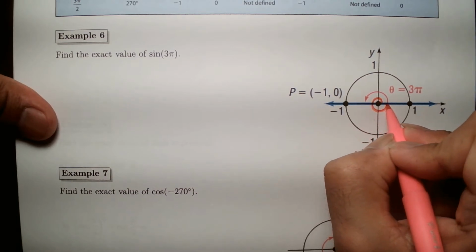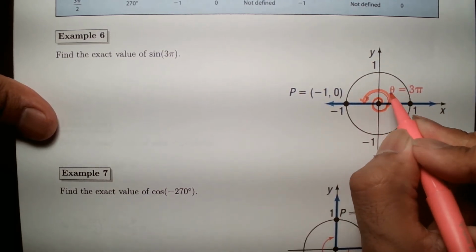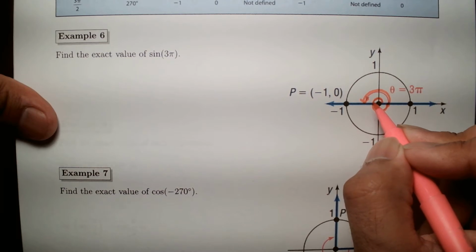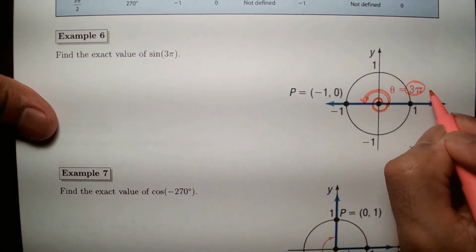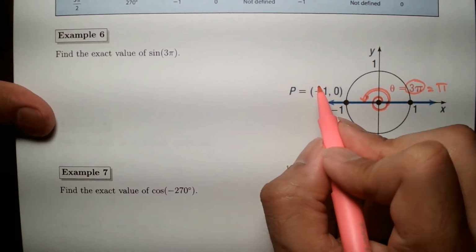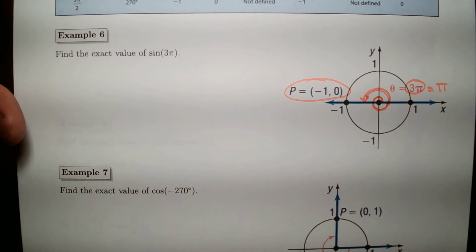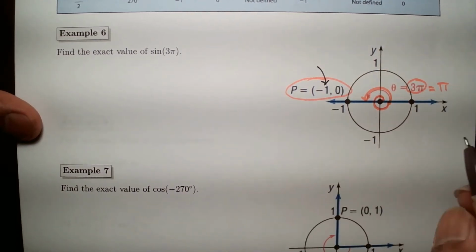That one turn symbolizes 2 pi, and then we keep going another half rotation, which is pi. Combining all this is 3 pi, but in this case this is the same as saying pi, the one that has the point -1 comma 0.